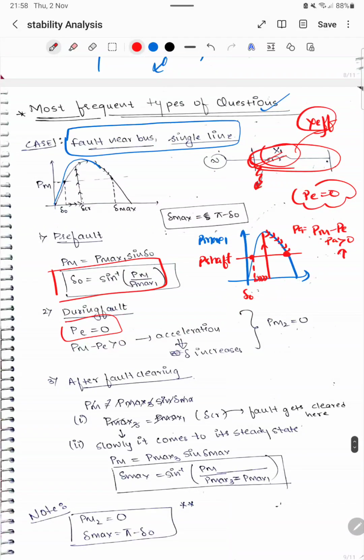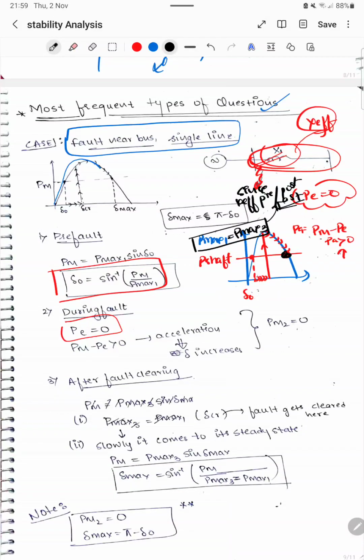We have already seen this point, where Pmax 1 is nothing but equal to Pmax 3, since x effective pre and post fault is the same.